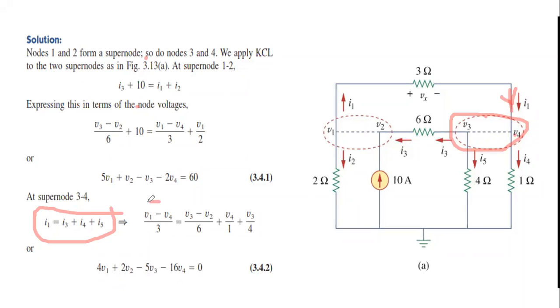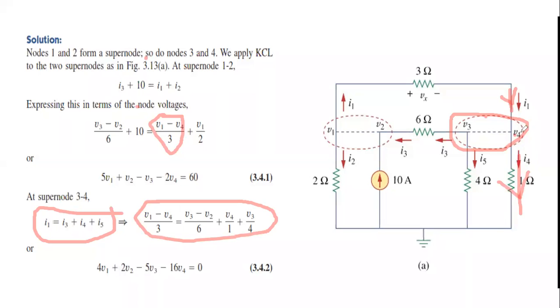All these currents can be replaced by voltages. I1 we have already written here, so I can easily write I1 is V1 minus V4 by 3. I3 we have already written in the previous equation, V3 minus V2 by 6. Then I4 is this current.